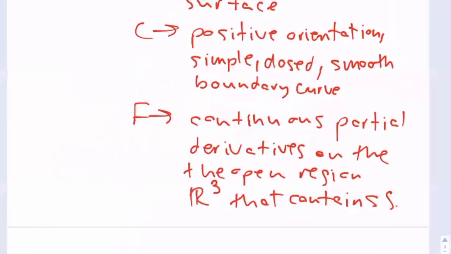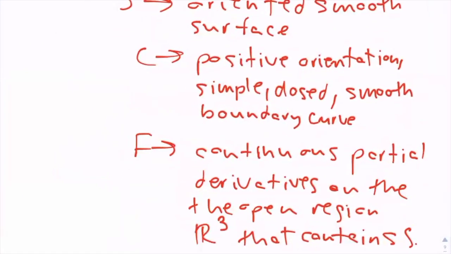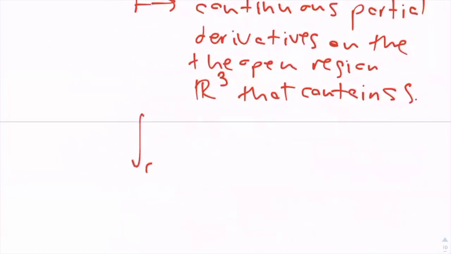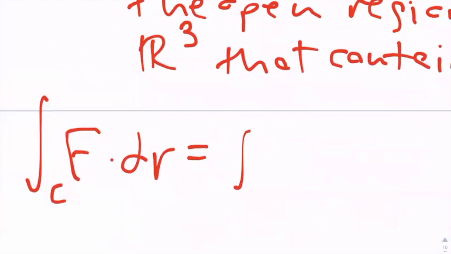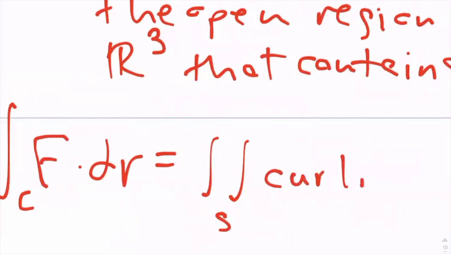Once all of these conditions are met, we can say the line integral over the curve C of F dot dr, Stokes' theorem tells us, is simply equal to the double integral over S of curl F dot dS, right?